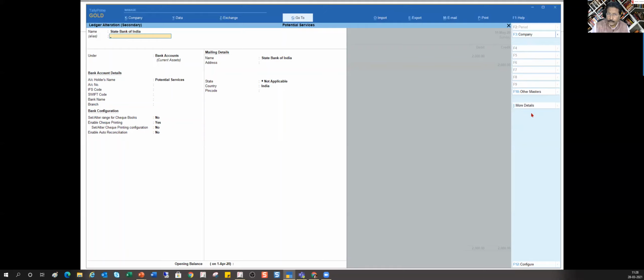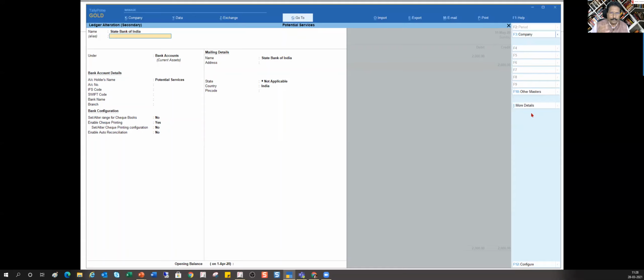So how do you make use of this alias? One, you can use this as code, because a few companies even now have coding for different ledgers. So in that case, you can use the code. I'm also going to use a numeric alias here.